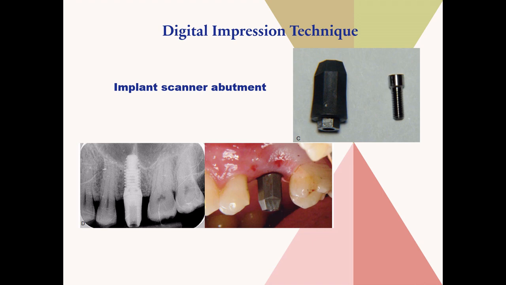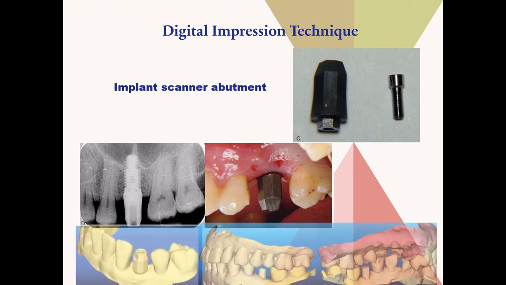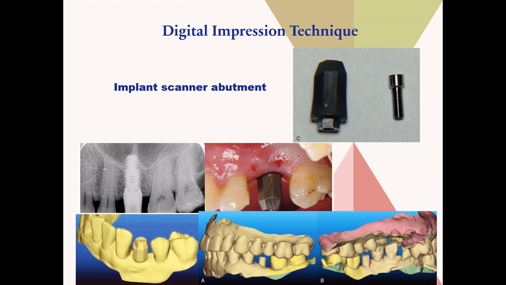And next, to ensure proper vertical dimension and occlusal relations, the opposing dentition is also scanned. And after the arches are digitally scanned, the implant scanning abutment is removed and the maxillary and mandibular teeth are placed in maximum intercuspation to obtain a buccal bite registration.